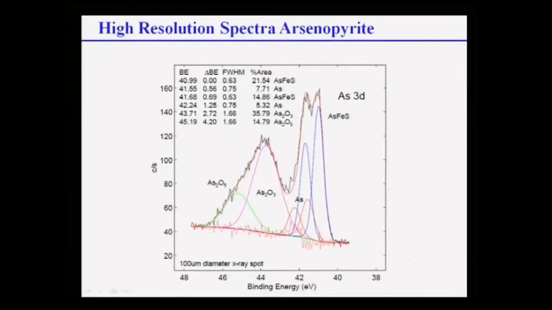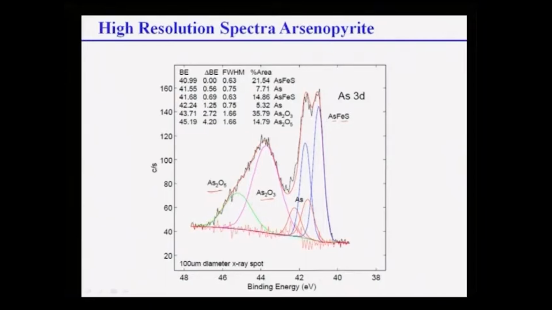Arsenopyrite, another example. If you look at arsenopyrite, you have arsenic iron sulfide. This can be fitted, this is done with a 100 micron diameter X-ray spot, and we are also showing you arsenic oxides, As2O3 and As2O5.